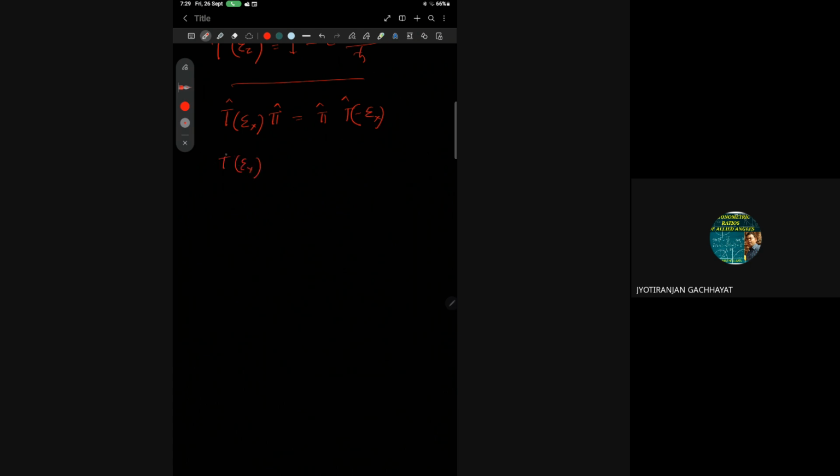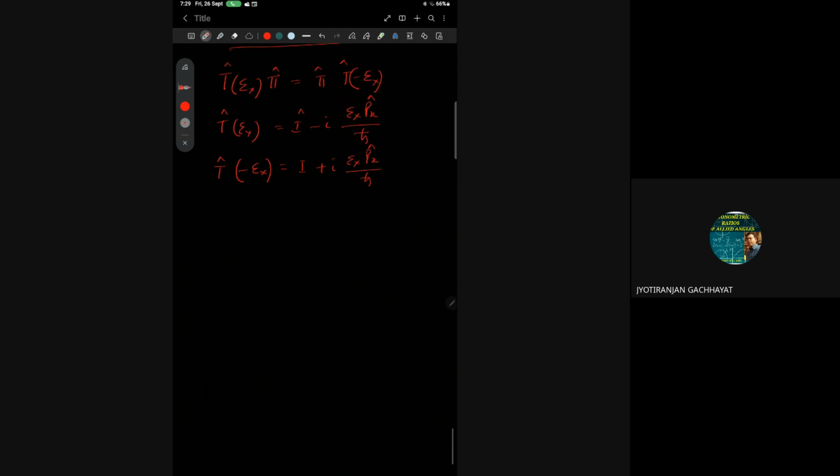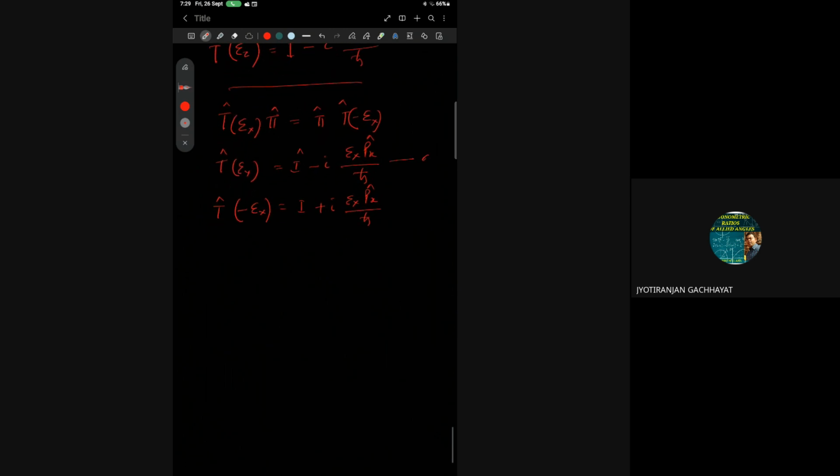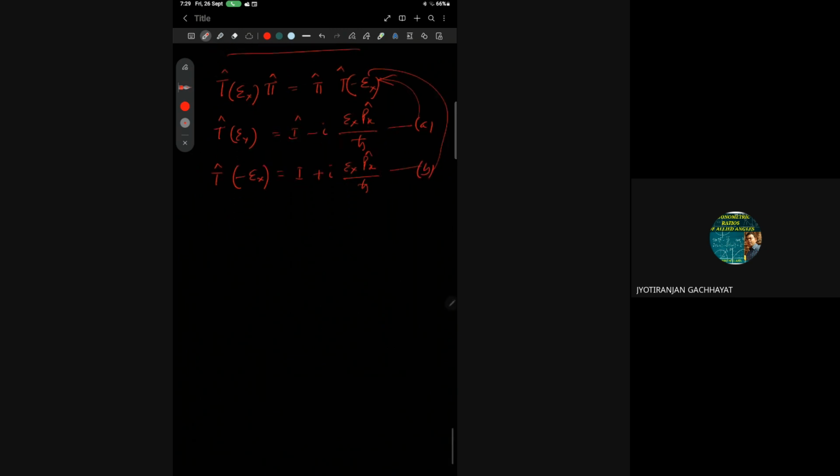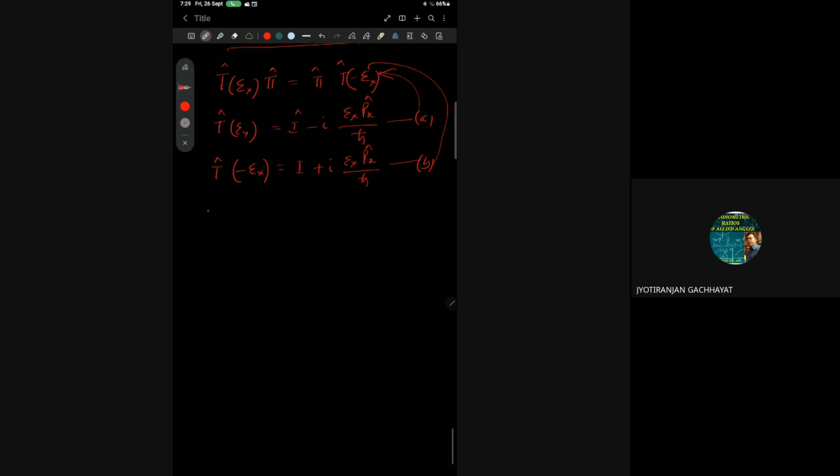I'm writing again, T of epsilon x is I minus I epsilon x px by h cross. And T of minus epsilon x will be I plus I epsilon x px by h cross. If we substitute this relation A and this relation B, what will we get?